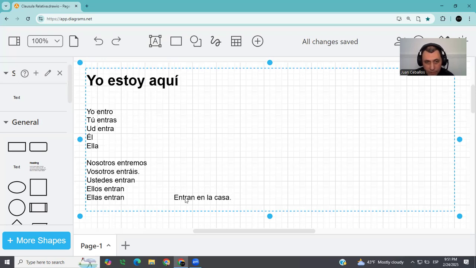It can mean you enter, they enter masculine, or they enter feminine. Okay? So to clarify it, include the subject. Ellos entran, they enter. Okay? Remember that ellos is used for a combination of men and women or just men. Ellas is just women.